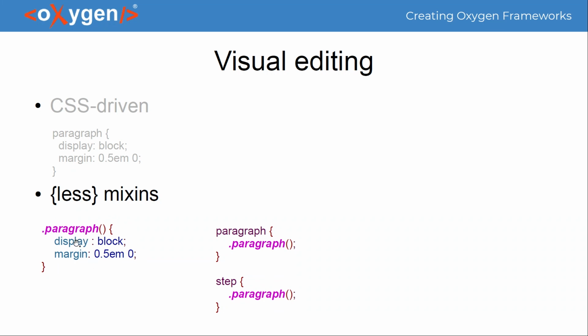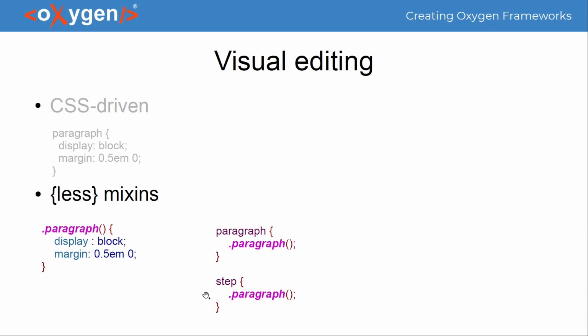So for example, a paragraph is characterized by having a block display, having this particular margin and so on. So I group all these characteristics inside such a mixin, and if I want to say that a paragraph element should be styled like this, I can call this mixin, this function.